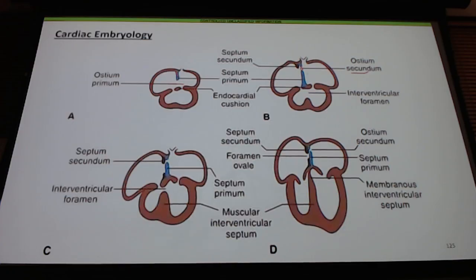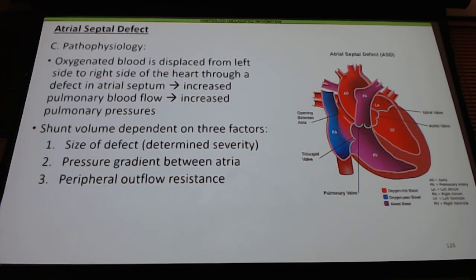But you don't want that permanently open, so then the septum secundum grows in and overlaps that and creates that one-way flapper valve in order to provide that foramen ovale so that blood can get from right to left in utero. But then after birth, that will get sealed shut because you have a higher pressure on the left side compared to the right, and that will keep that closed so you don't have that right to left shunting occurring still.